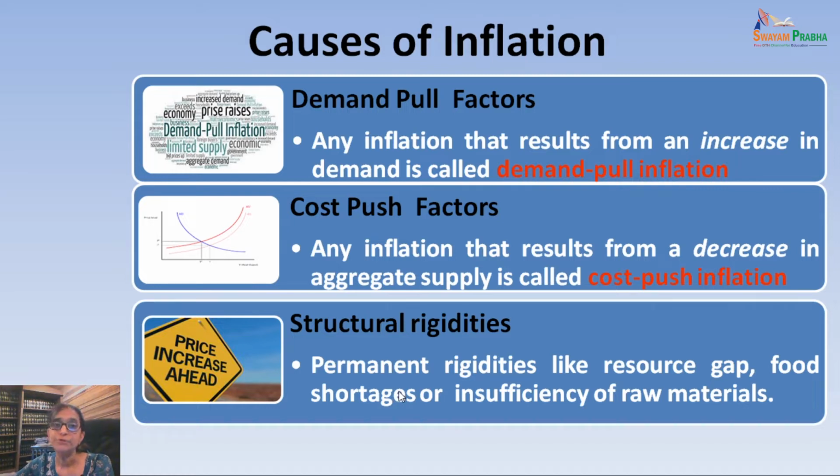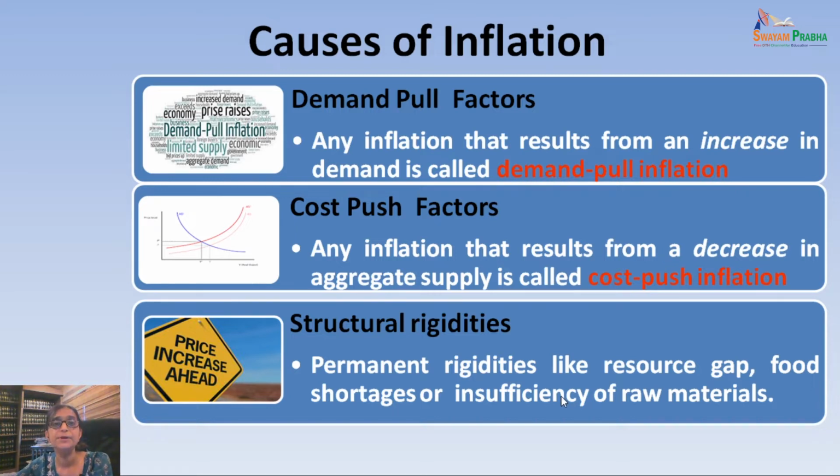So any drought, any very excess rainfall or very low rainfall can lead to food shortages, which pushes up the food prices and causes inflation. Similarly, according to them, the structural rigidities like insufficiency of raw materials, because these developing economies at many times are not self-independent.